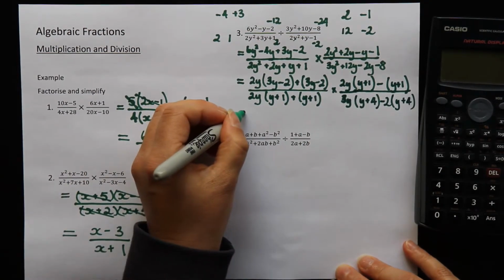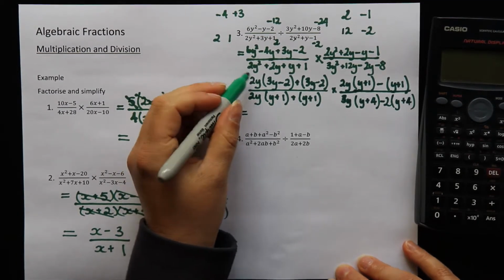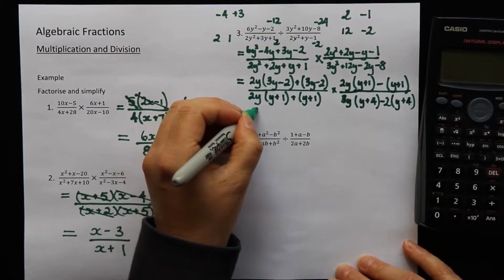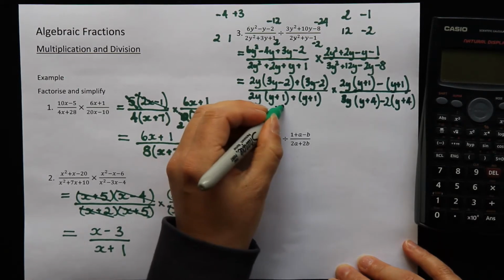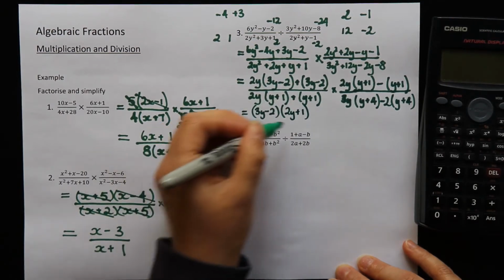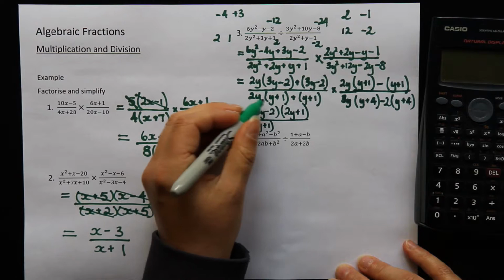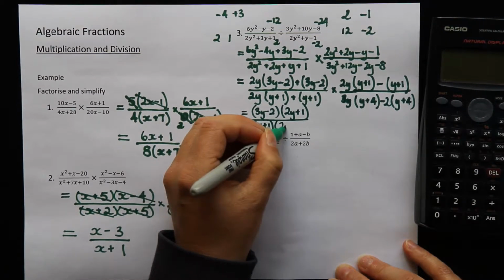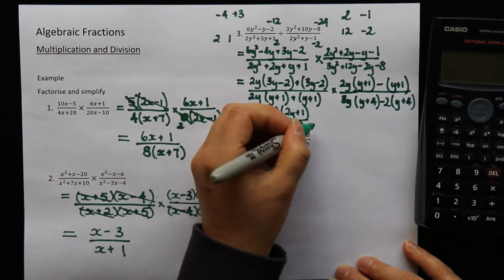Alright, still going with the factorizing. So I'm really having to squash this in, it's quite a big question. So 3y minus 2 is a common factor on the top here, and 2y plus 1 will have to go afterwards. On the bottom, y plus 1 is a common factor, and 2y plus 1 will go on the bottom.